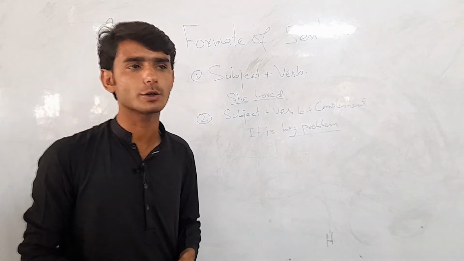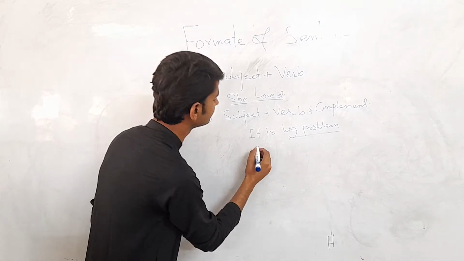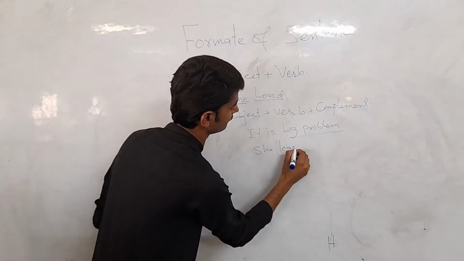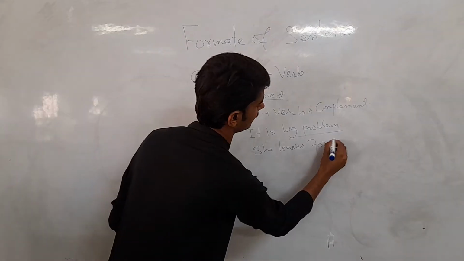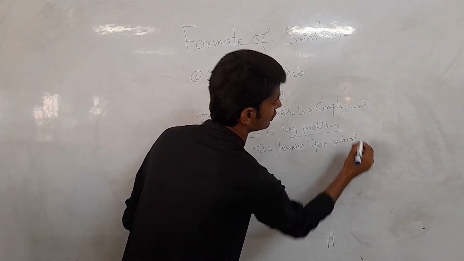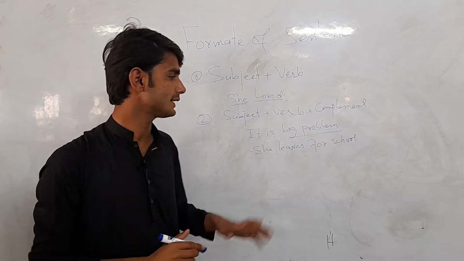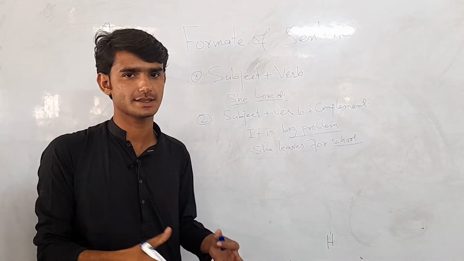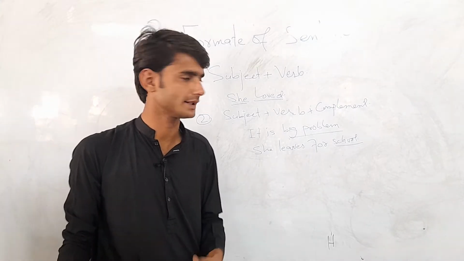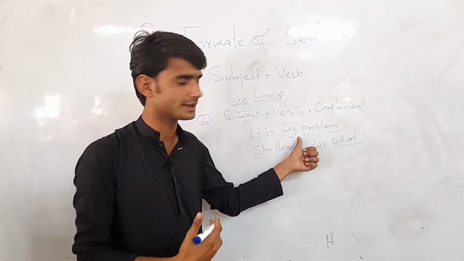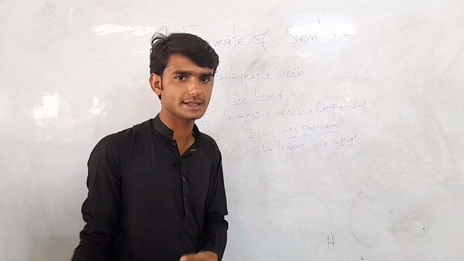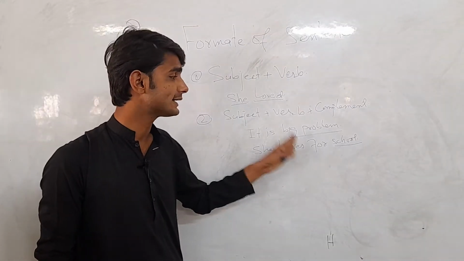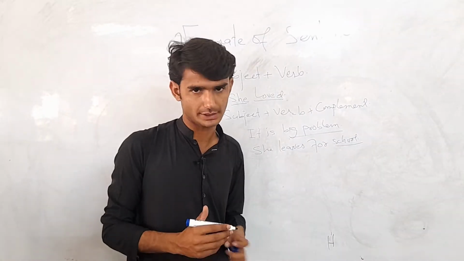We can also put another example: She leaves for school. In this sentence, school is the complement because it just completes the sentence, doing nothing other than completing it. And in the first sentence, we have big problem as an adjective, which is also a complement. So our complement can either be an adjective or a noun.